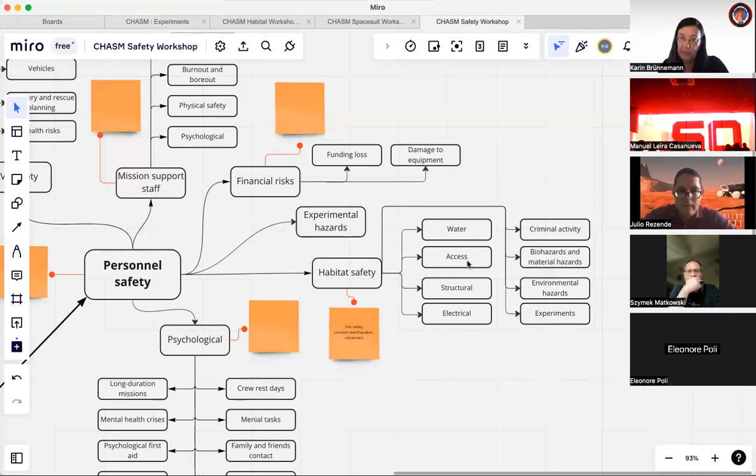What else is important in personnel safety?